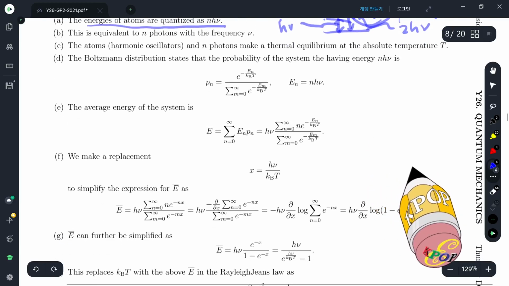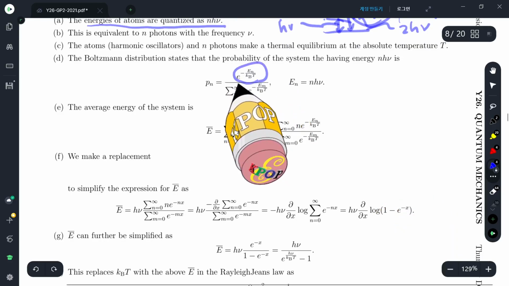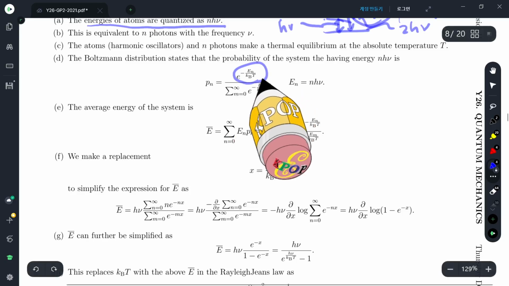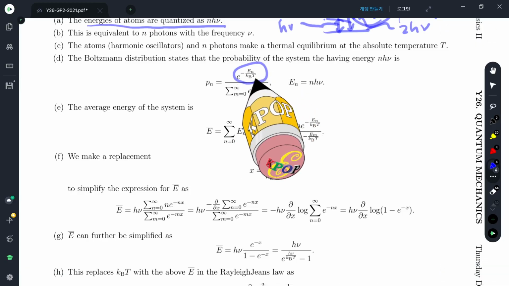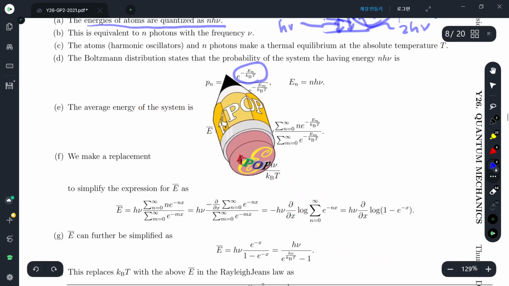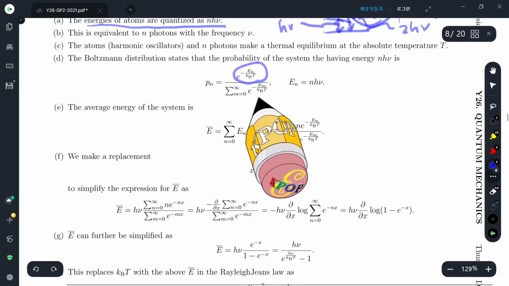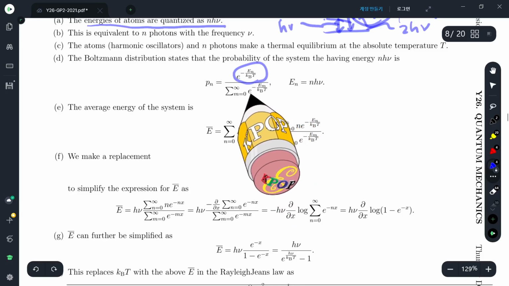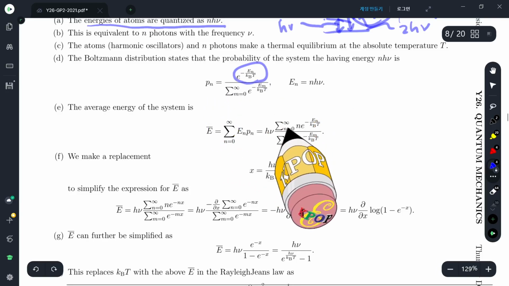So anyway, the probability of having that kind of state of energy, n h nu, is exponential of minus energy divided by kBT. This is the Boltzmann distribution of thermal physics, and it is allowed to have 0 to infinity number of photons.